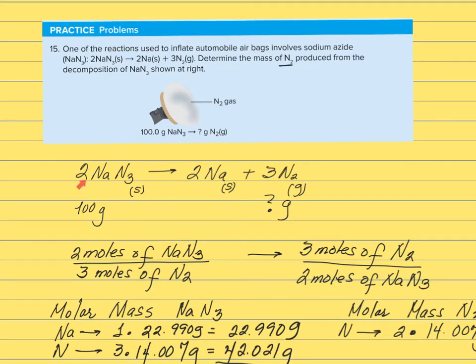So I wrote the relationship between the two that I need. As you can see, mole ratios involve moles, because that is the information you get from the balanced chemical equation.